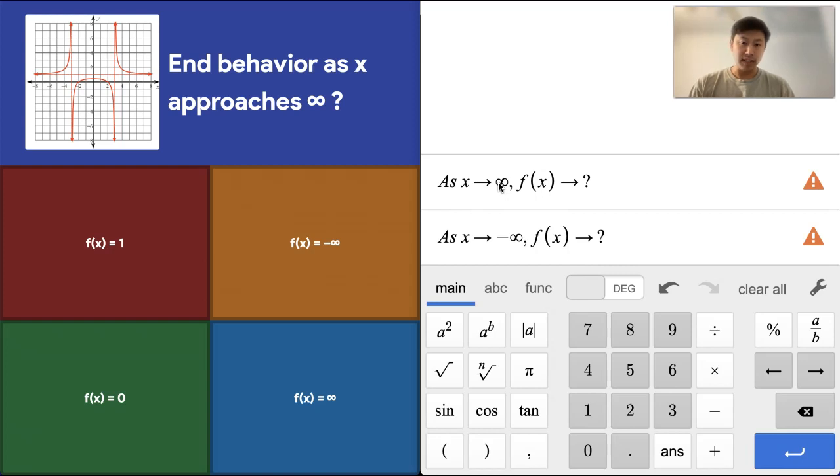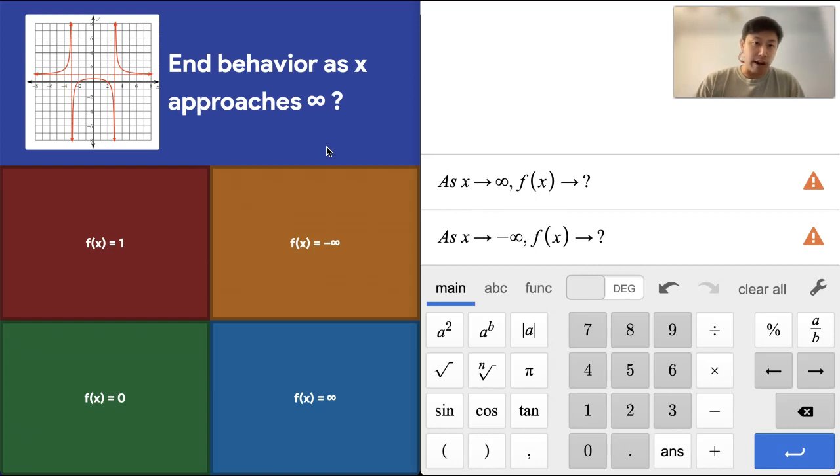So what happens as x keeps going to the very right, and what happens as x goes to the very left of your graph, okay? So this is the language. As x approaches infinity, all the way to the right, what is your function value doing? What's your y value doing, right? Remember that f of x is the same as your y value, output value. And then similarly, as x approaches the very left of your graph, negative infinity, what's your y value doing there?